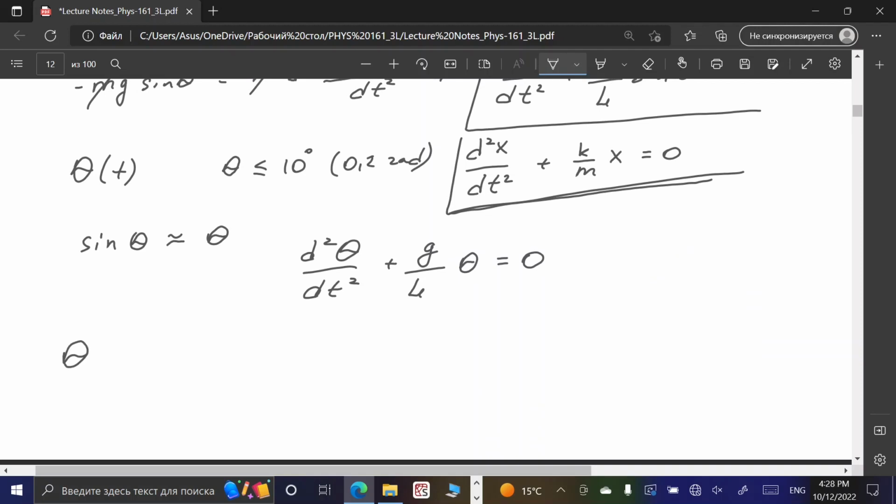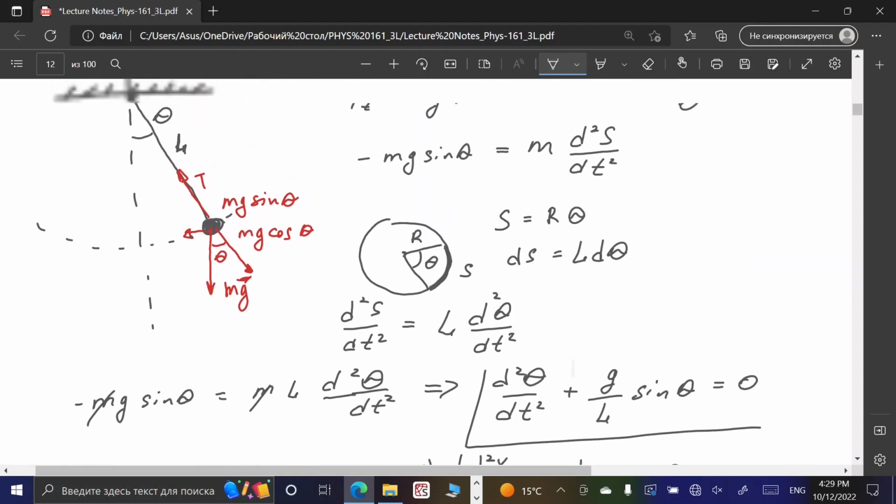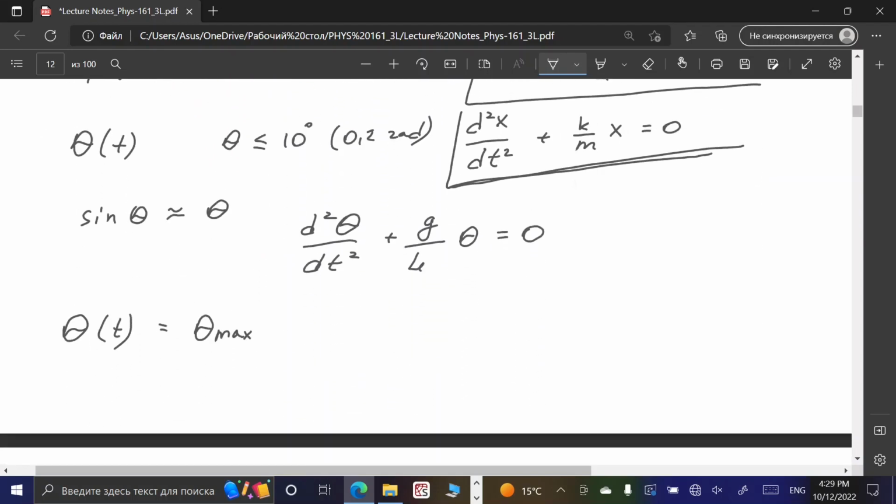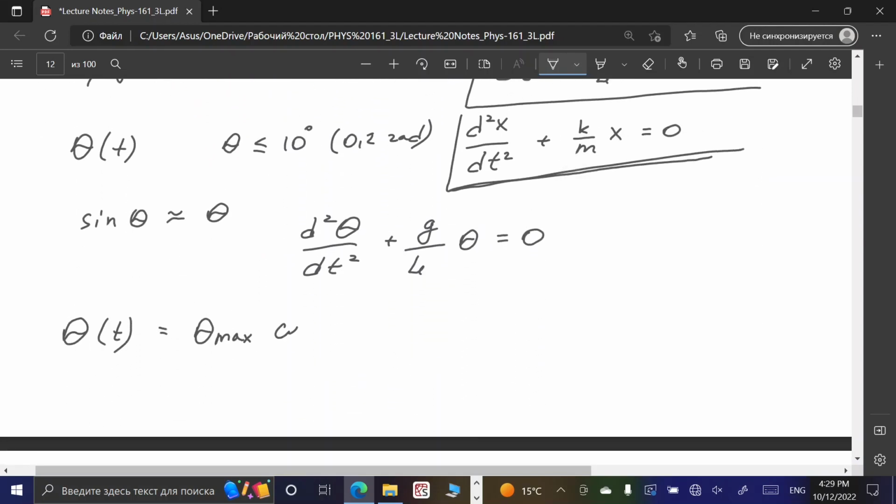So we can represent theta as a function of time: theta equals theta maximum, meaning the amplitude of deviation from the equilibrium condition for this pendulum, times cosine of omega t plus phi.